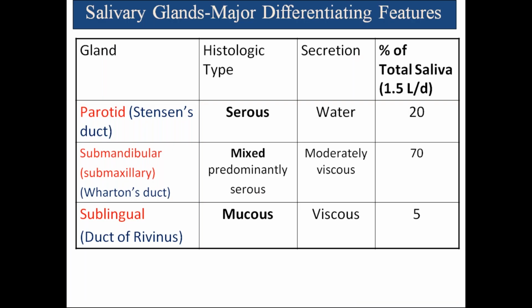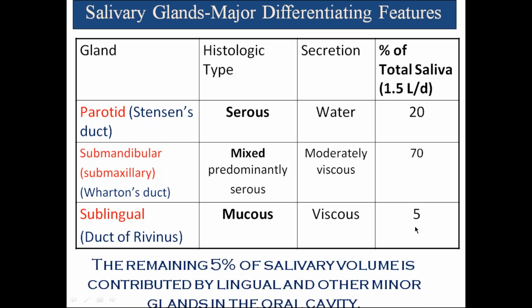So this is just a small table which shows the major differentiating features between the three main types of salivary glands: what is their histologic type, what kind of secretion is occurring from them, and what percentage of the total saliva is being contributed by each type of gland. So this gives you a total of 95%.